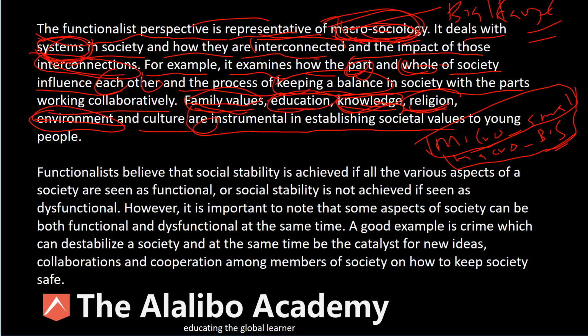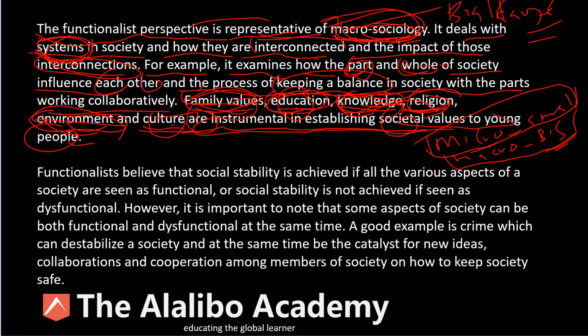And culture as well is instrumental in establishing societal values in young people. So young people get their values from these elements of society: family values, education, knowledge, religion, environment, culture, and again, the list is long.